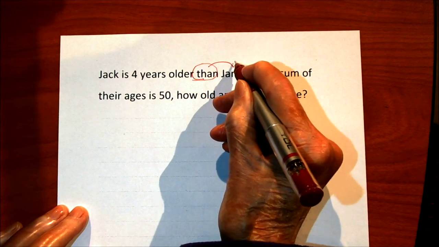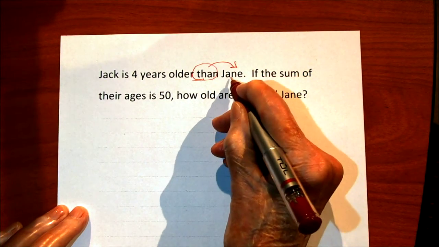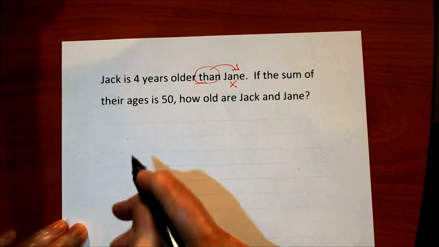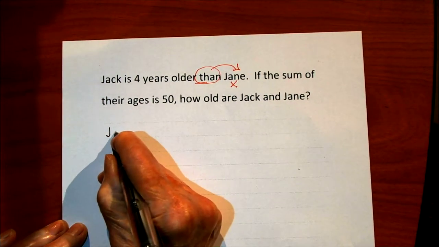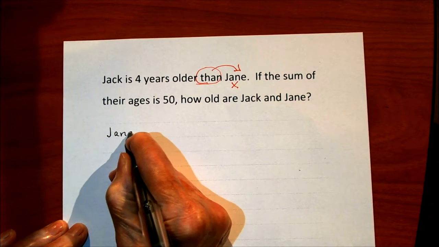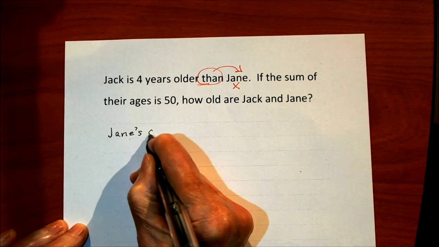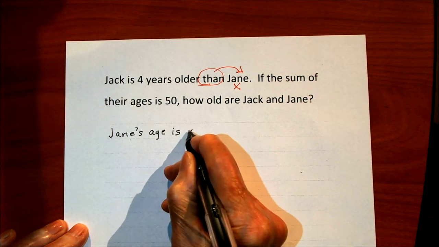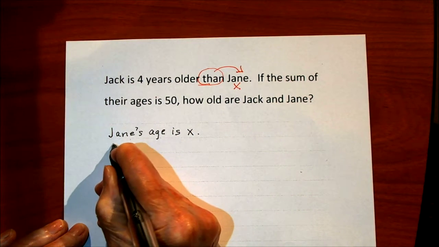So we're going to say that Jane's age is X. And then the question is, what are we going to call Jack's age in the language of algebra?